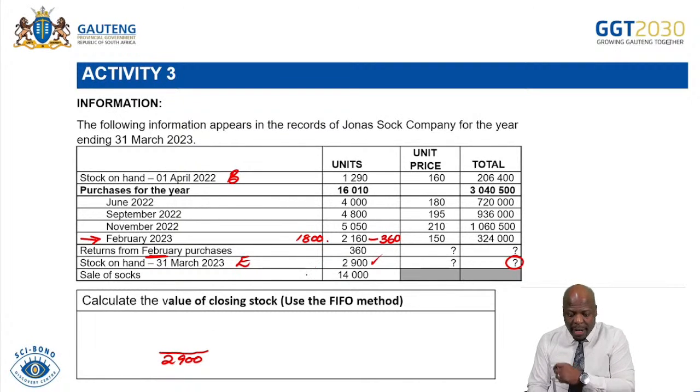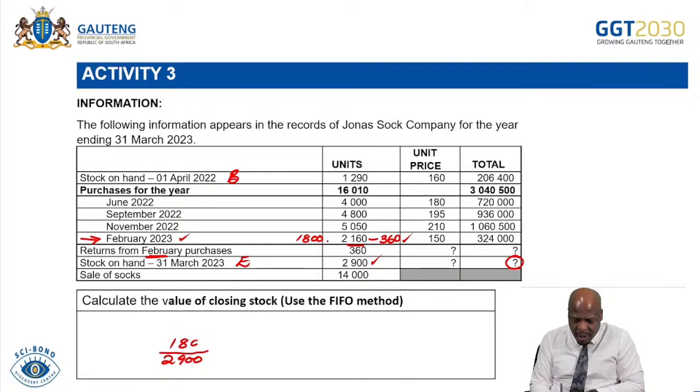Are we good? All right. So I come here then I say, in February, can I get 2,900? No. Will I take the 2,160? No. Why? Because 360 was returned. How many am I going to get? 1,800. And these 1,800, what is their unit price?